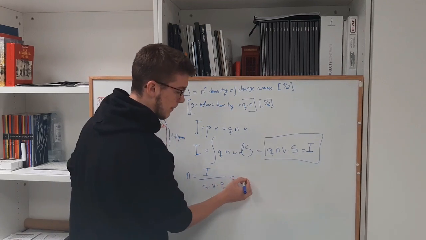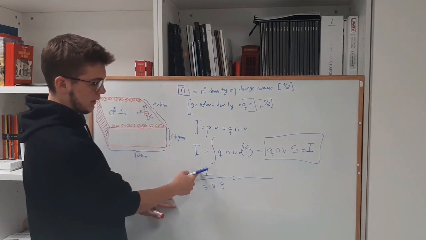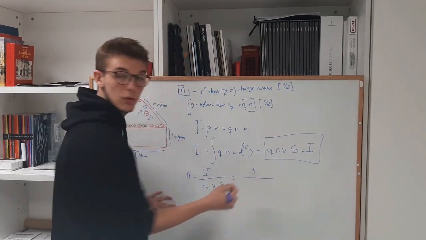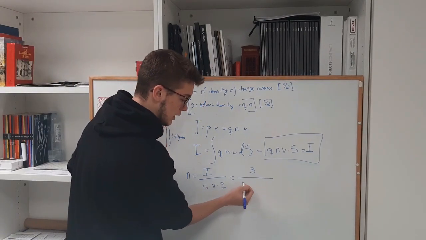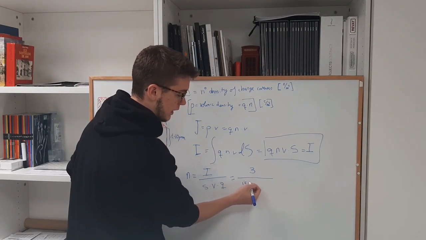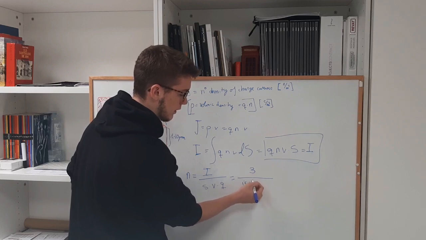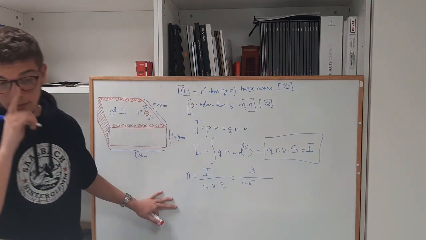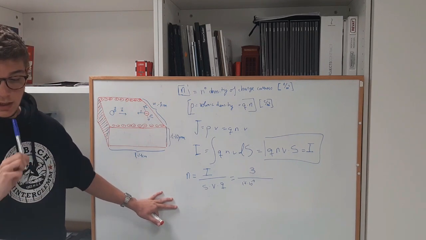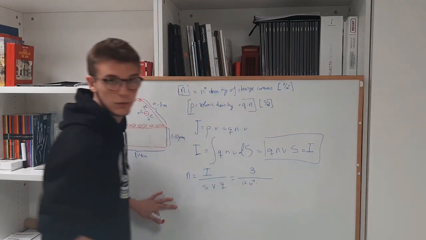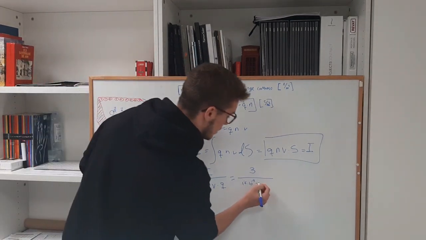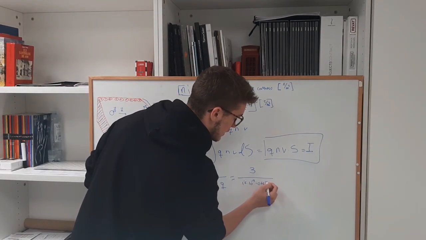As said before, the intensity is the data of the problem, which is just 3. Then q is 1.6 times 10 to the power of minus 19, because it's the charge of an electron, and the velocity we have from before, which is 0.667.